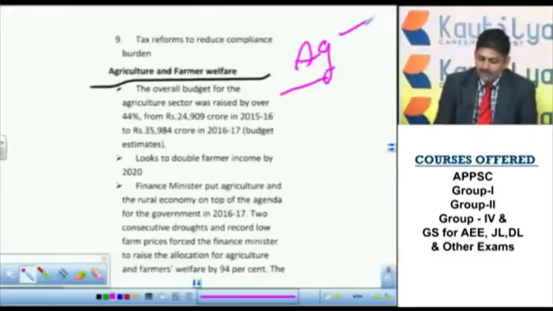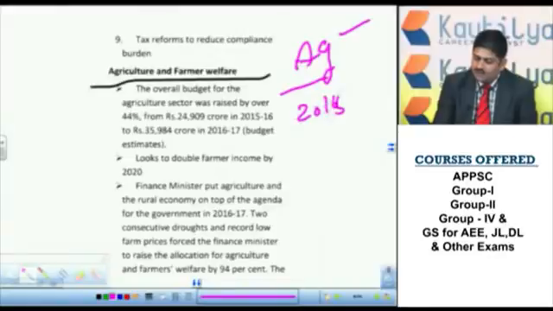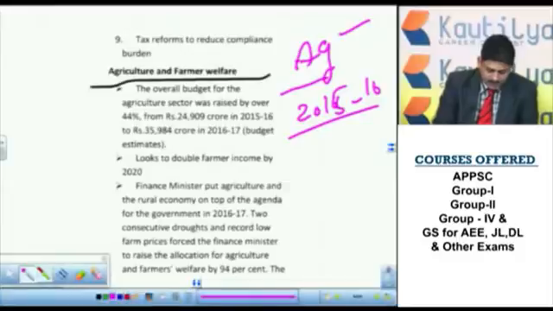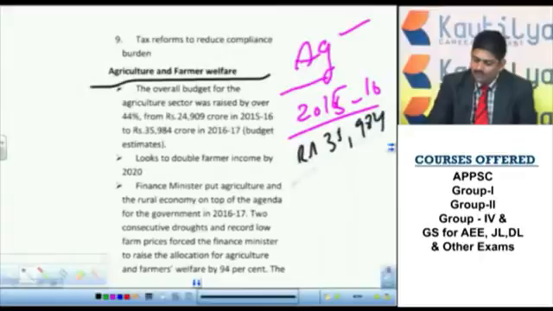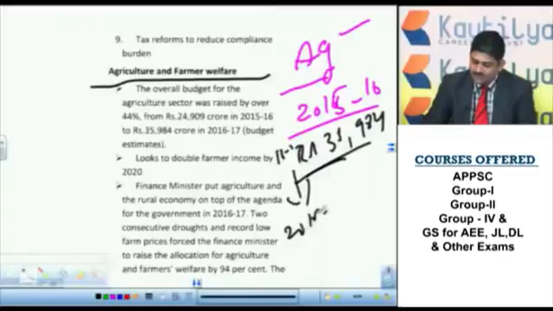If you see the 2015-16 financial year, the amount spent for agriculture and farmer welfare was 24,909 crore rupees, and the present allocation for 2016-17 has increased to 35,984 crore rupees.